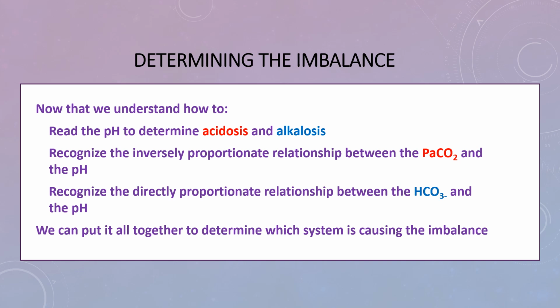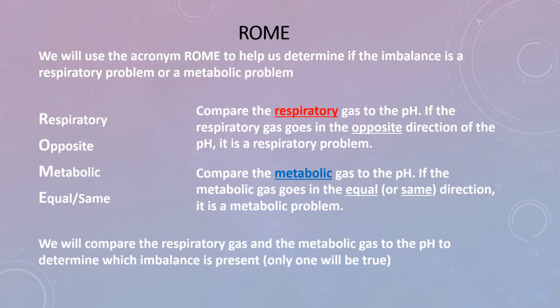Now that we understand how to read the pH to determine acidosis and alkalosis, recognize the inversely proportionate relationship between the PaCO2 and the pH, and recognize the directly proportionate relationship between the HCO3 and the pH, we can put it all together to determine which system is causing the imbalance.